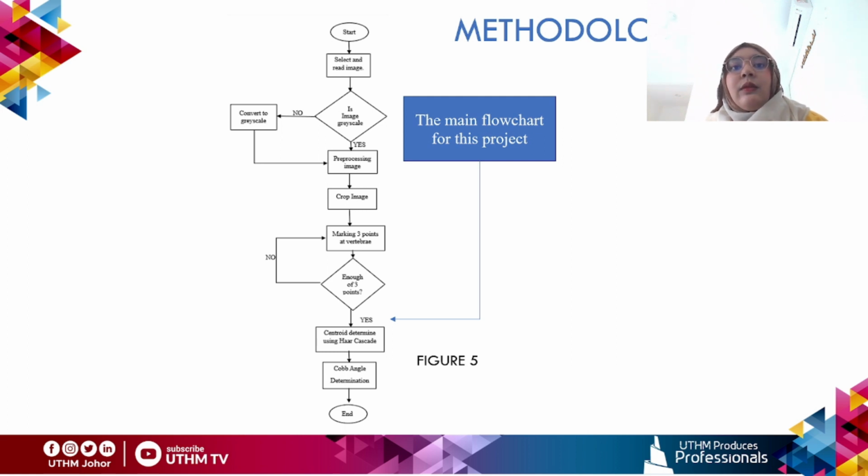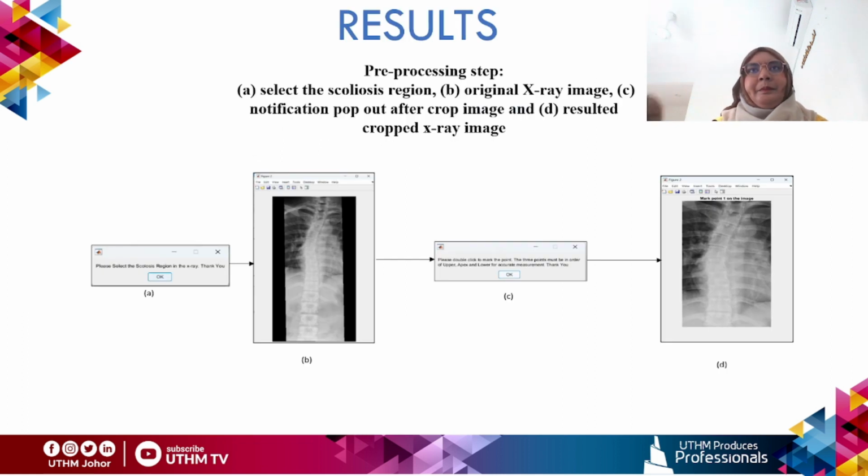After that, we crop the image, and then we mark 3 points at the vertebra, and it will ask whether there are enough 3 points. If yes, we continue the centroid determination using Haar cascade. If not, it will turn back to marking 3 points. Last but not least, the Cobb angle will be determined.